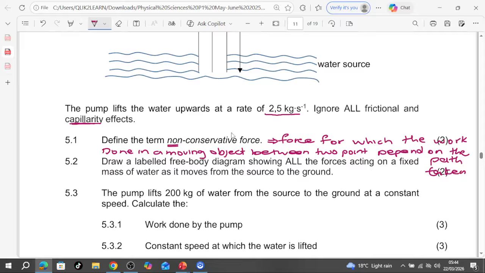That's the non-conservative force. But please try to consult your exam guideline.